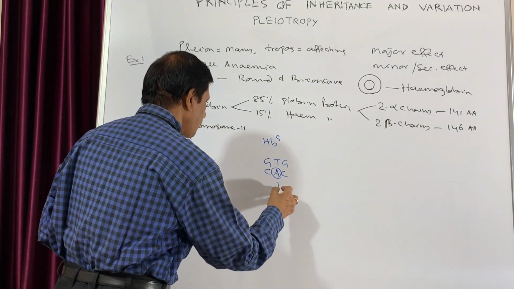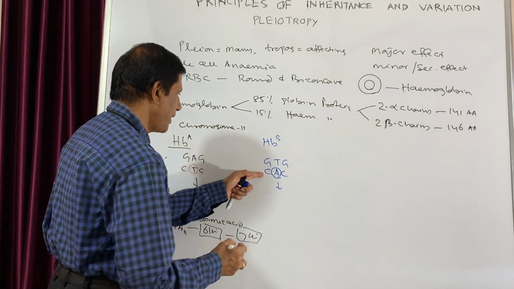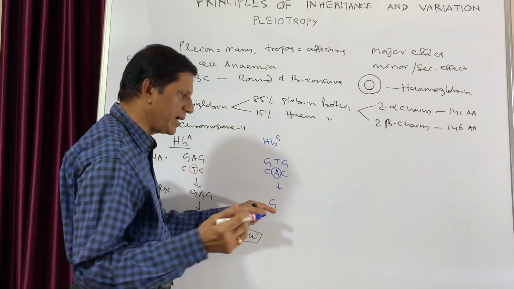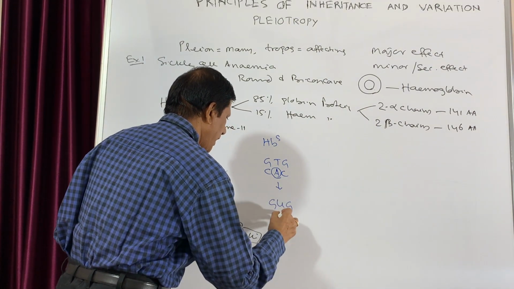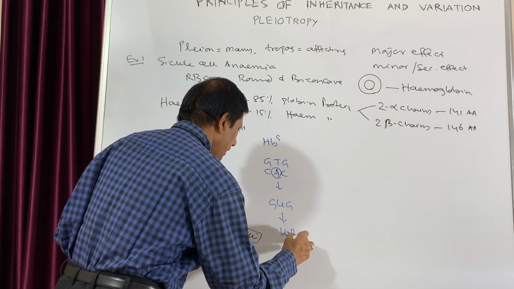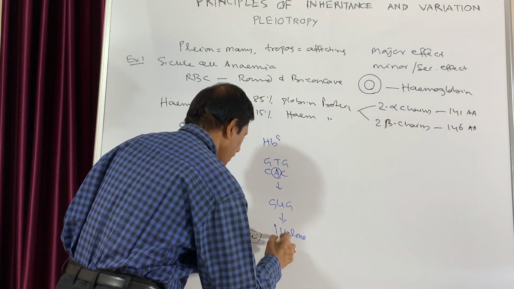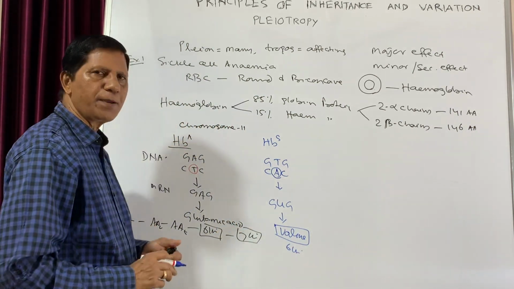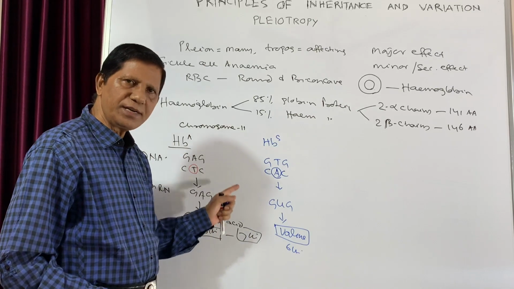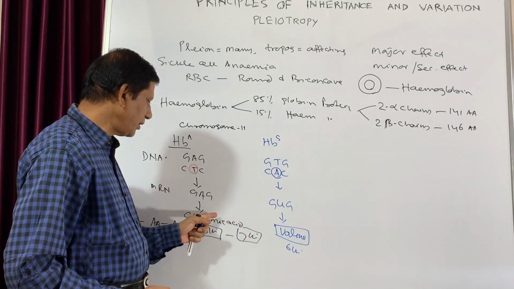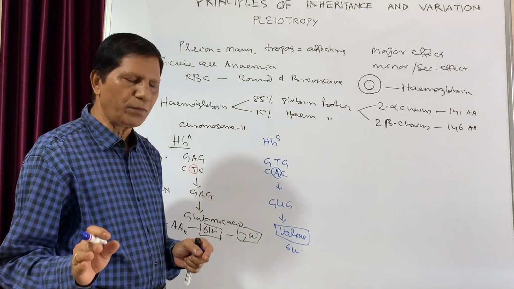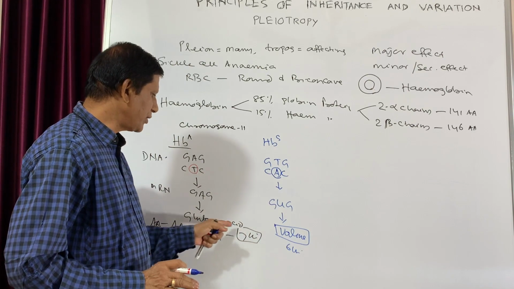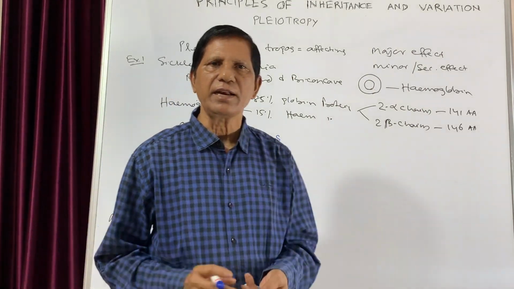Now when it gives rise to mRNA, it will give rise to G U G, because in mRNA T is not there. So it will be GUG, and GUG will give rise to valine at the same position, that is the 6th position, while all other amino acids remain the same. That means in one of the beta chains, at the 6th position where glutamic acid is present in normal hemoglobin, due to mutation the thymine is converted to adenine, then the amino acid is changed to valine and it causes sickle cell anemia.